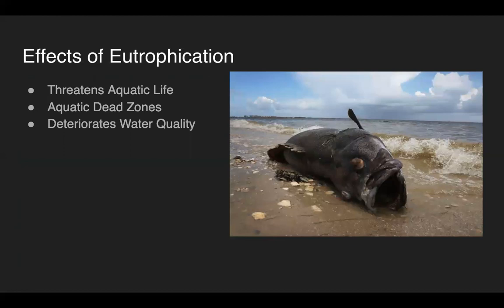Effects of eutrophication. Firstly, it threatens aquatic life. Pretty much as I said earlier, but I'll go into depth about that. When ecosystems experience a large intake of nutrients, the phytoplankton and other photosynthetic plants grow immensely, commonly known as algal blooms.